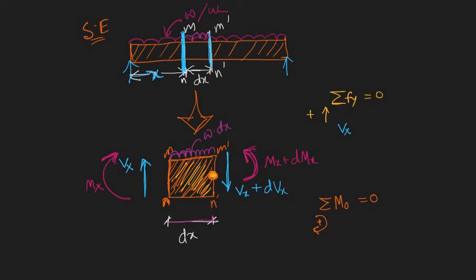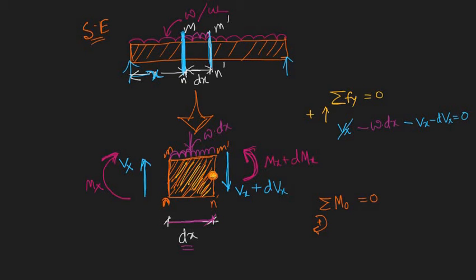And here this UDL is acting downward, the resultant is acting downward, and it is negative, that is w times dx, because w is per unit length and the total length is dx. And the right one is acting downward, so Vx plus dVx, giving Vx minus w dx minus (Vx plus dVx) equals 0.